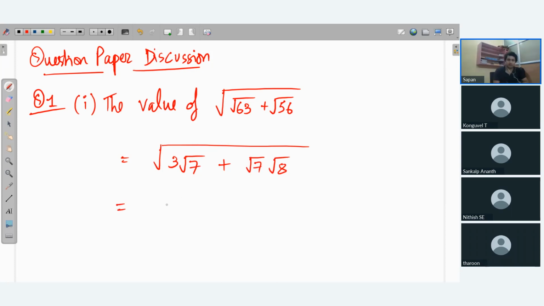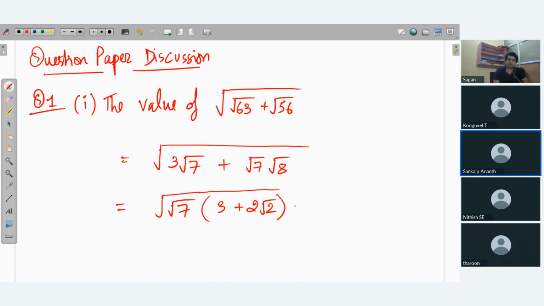Then this can be taken as common, square root of 7, square root of 3 plus 2 square root 2, which can be taken as 7 power 1 by 4 and square root of 3 plus 2 square root 2. Okay. Yes, sir. I got this one correct.